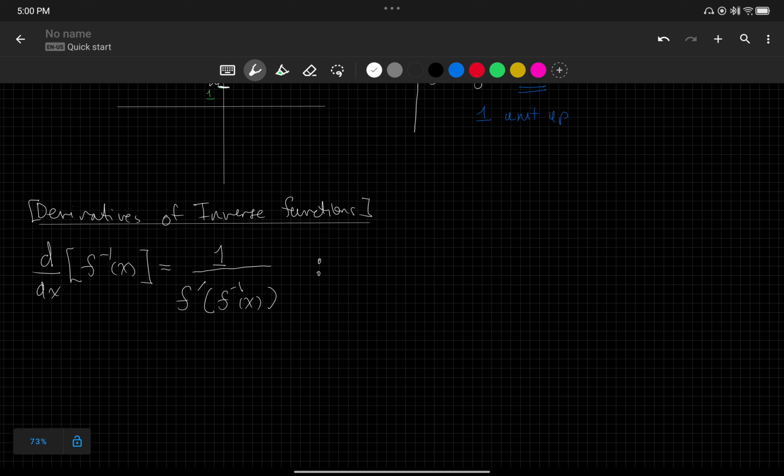If you don't remember, a function inside of another function is called composition. It's f of g of x. All right, so that's really what's going on here. It's composition.